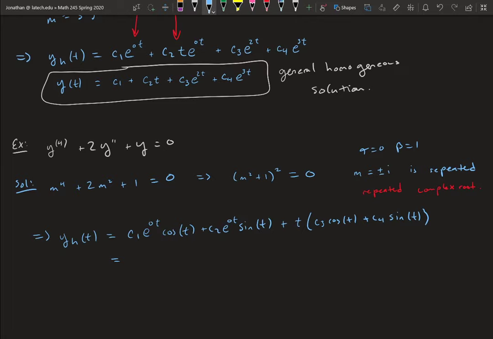That reduces to c1 cosine t plus c2 sine t plus c3 t cosine t plus c4 t sine t. And that's our general solution.